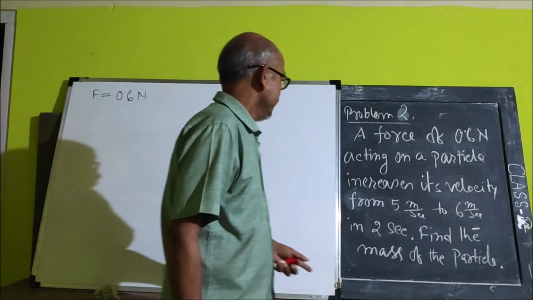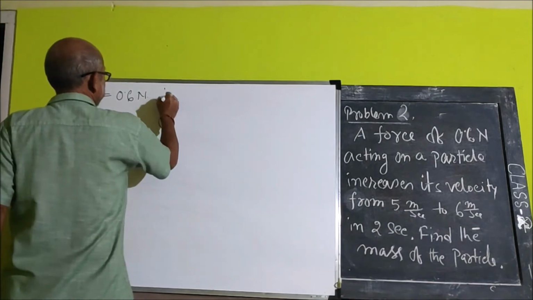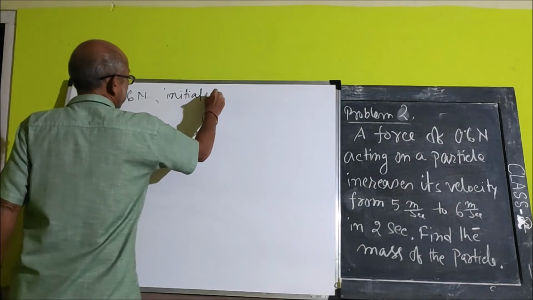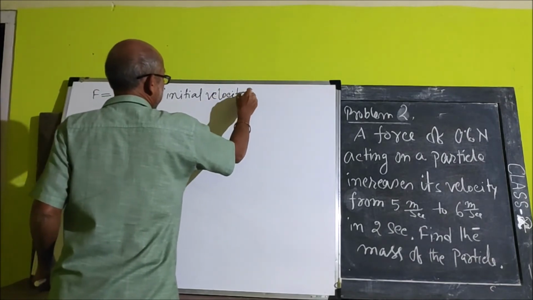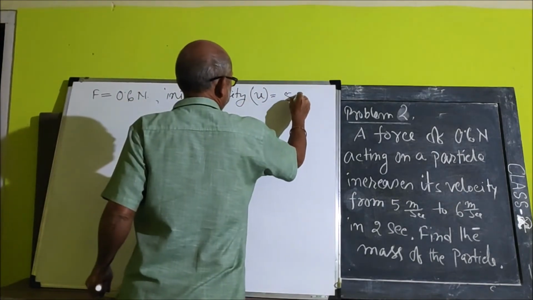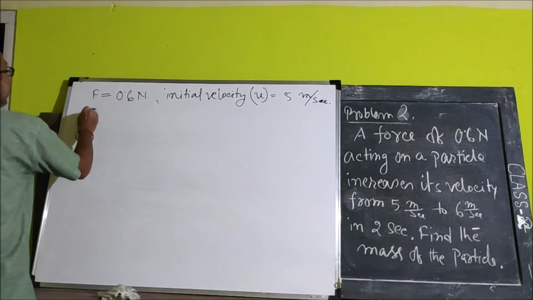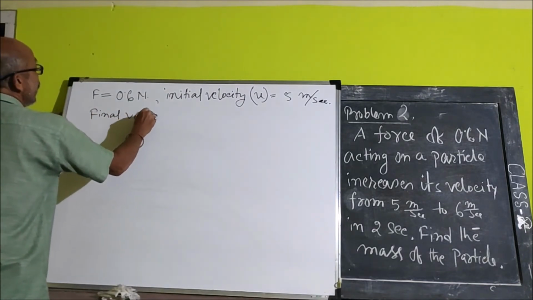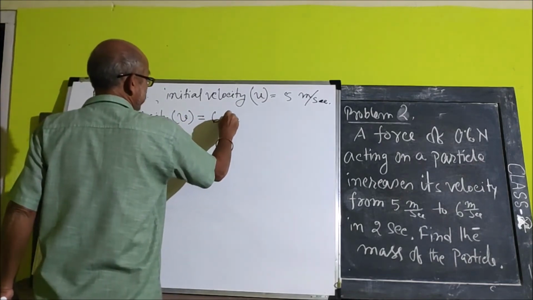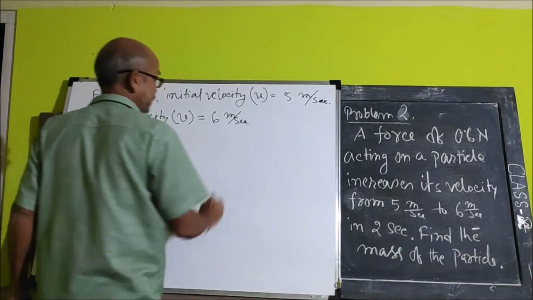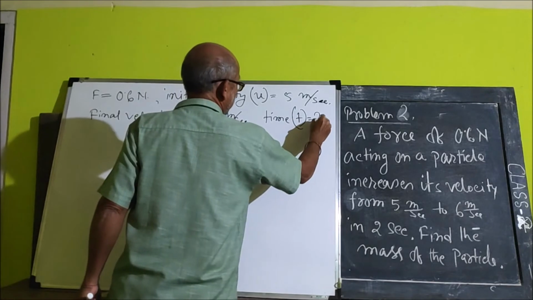Acting on a particle, it increases the velocity. The first one is the initial velocity, u, equal to 5 meters per second, and the final velocity v equals 6 meters per second, and time t is 2 seconds.